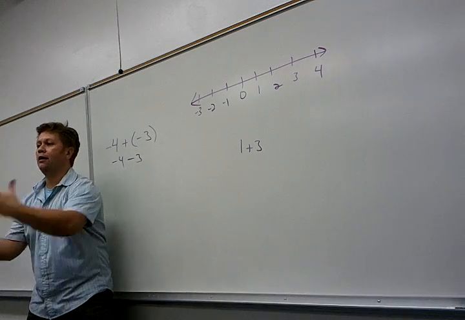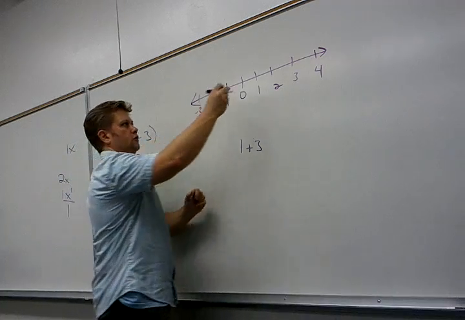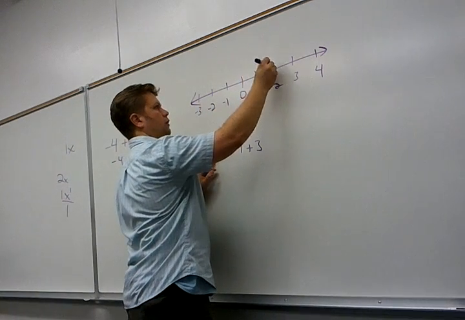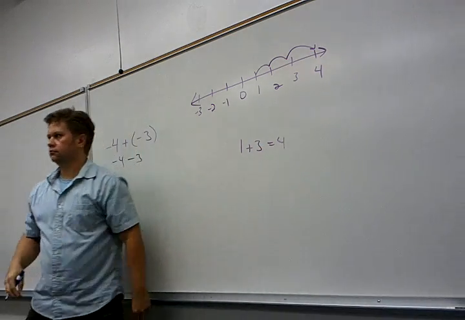Cool. So when I add positive, I move this way. So I'm here and I move 1, 2, 3 to the right. That's why 1 plus 3 is 4.